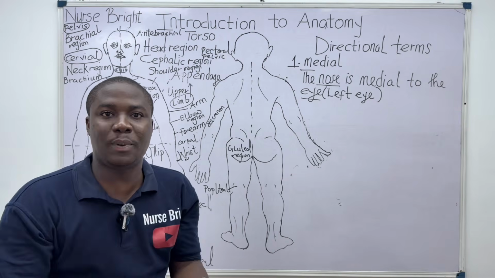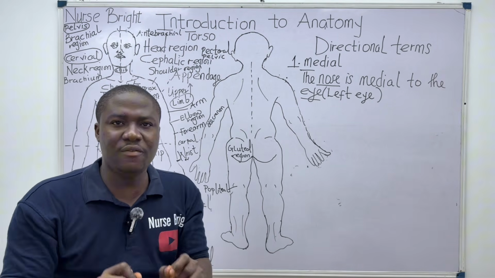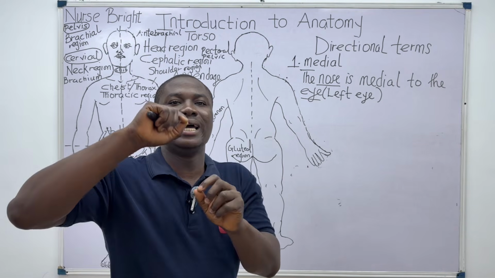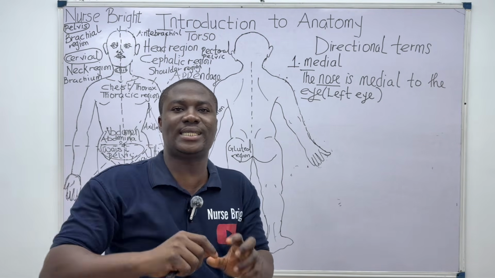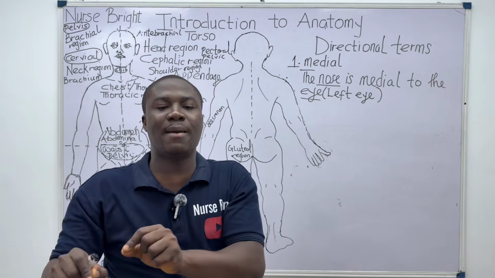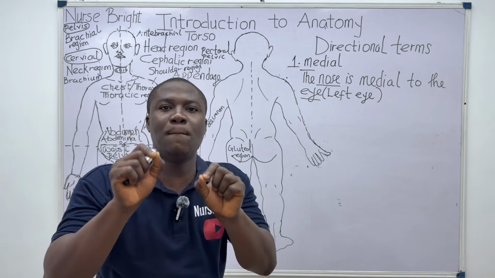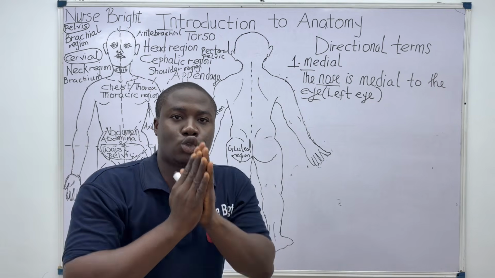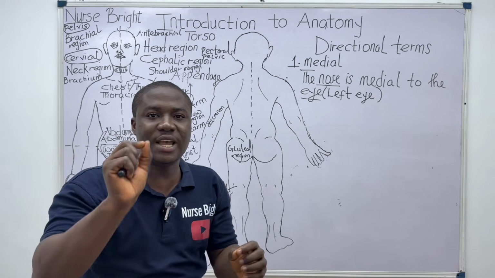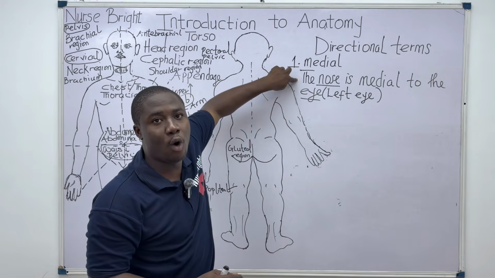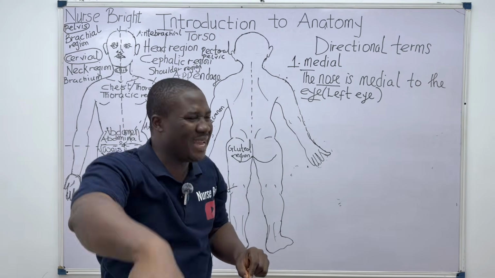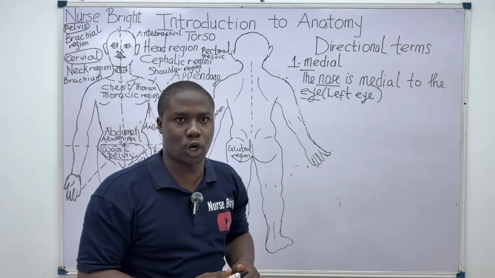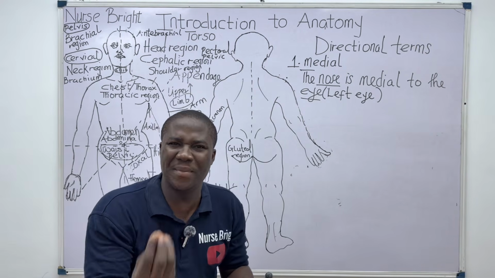From previous explanation, I have said that to understand the usage of these directional terms in anatomy, there must be a relationship between two structures. You can see from the first example on the directional term medial, we used two different structures to explain what medial is.